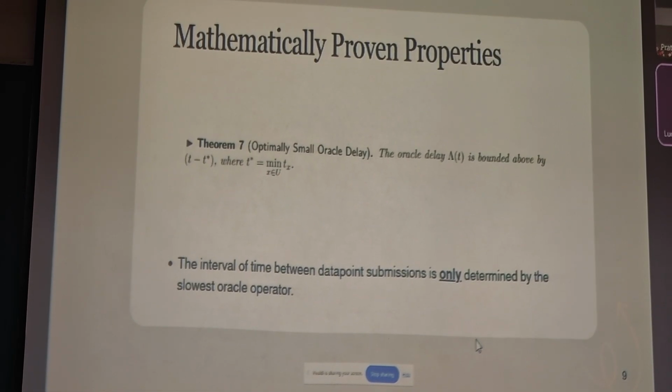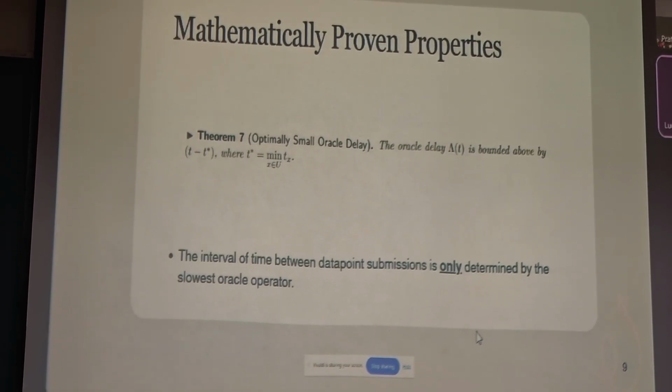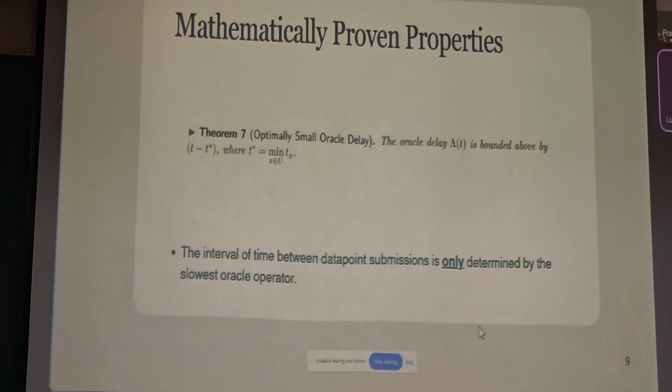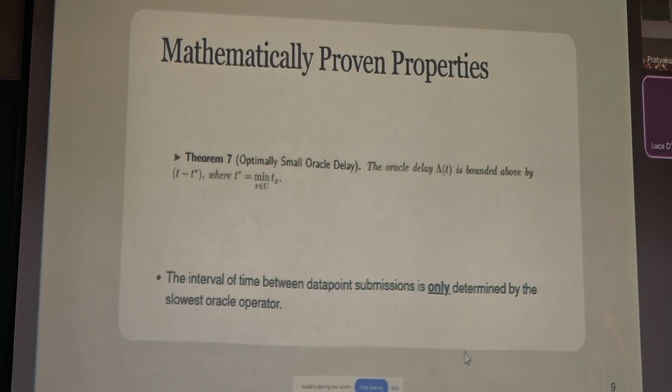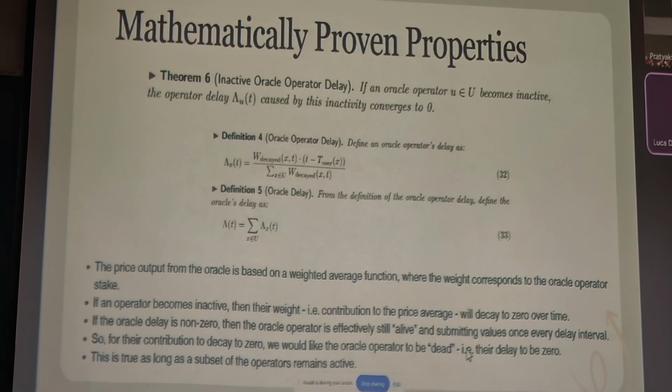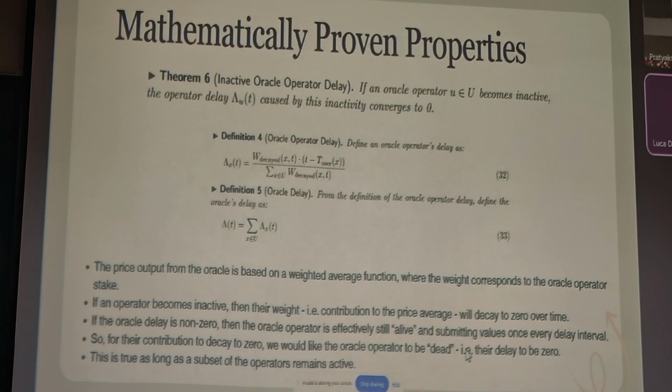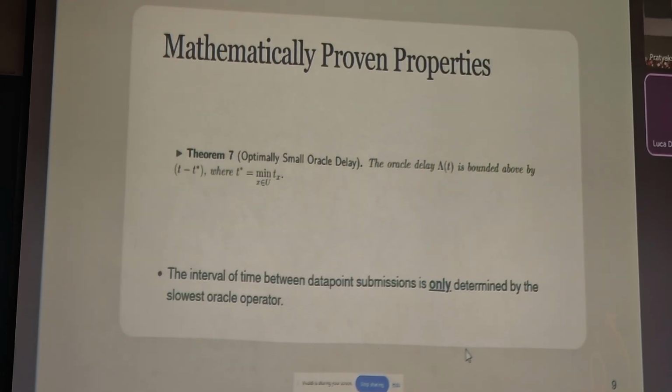So the interval between data point submissions is only determined by the slowest Oracle operator. And you can show this just by applying the formula for the Oracle operator delay and then simplifying until you get a bound.